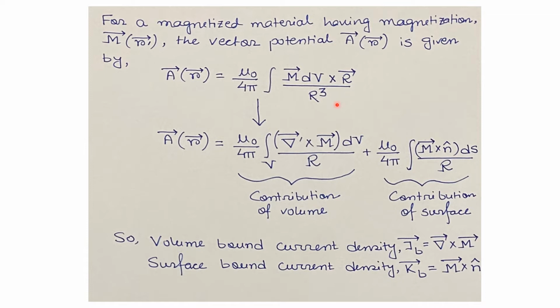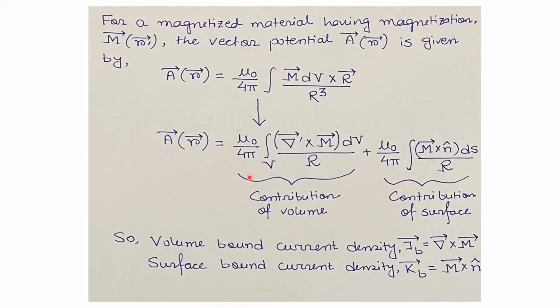Now after some simplification with the help of vector algebra, we can show this A vector is basically the summation of two terms. Now here the first term is due to the contribution from the volume of the system, that is the bulk of the system, but the second term is due to the contribution from the surface of the system.